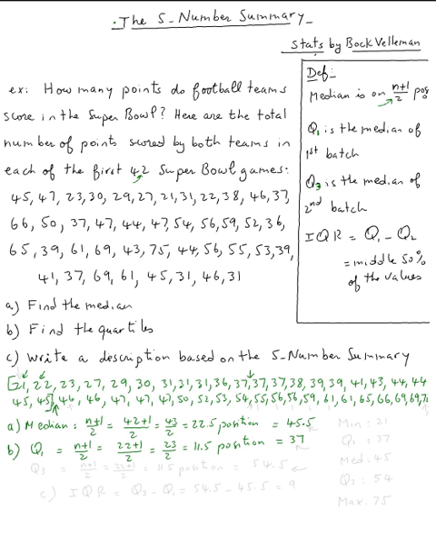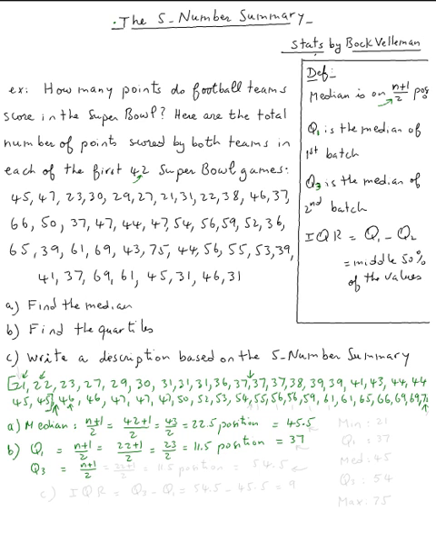For Q3, same thing, we need to do n plus 1 over 2. Now remember, we're counting from here. I think it's better to count from the last one, so this way you don't have a problem.